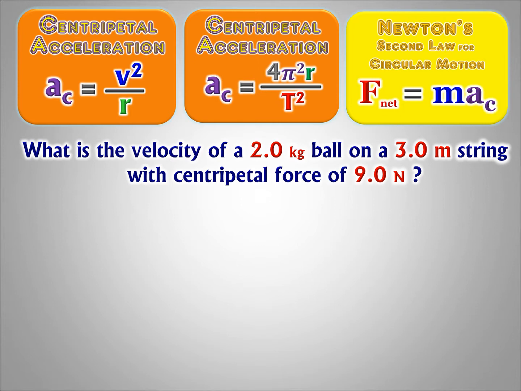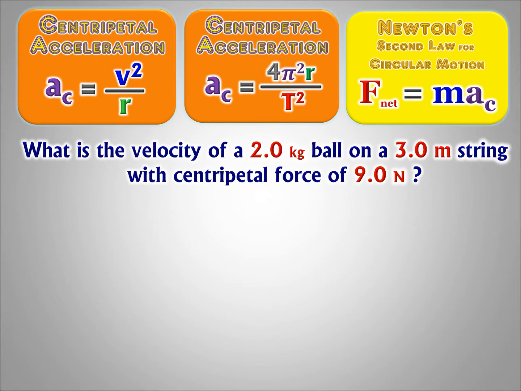Which of them do we need? Well, it's asking for a velocity, and only one of those has velocity. That's the one on the left. The only problem is we would need both of the other numbers there to solve for velocity. We would need the radius, which I think we have, but we'd also need the centripetal acceleration, the a_c. So we need to get a_c first before we use that. So we have to use a different equation.